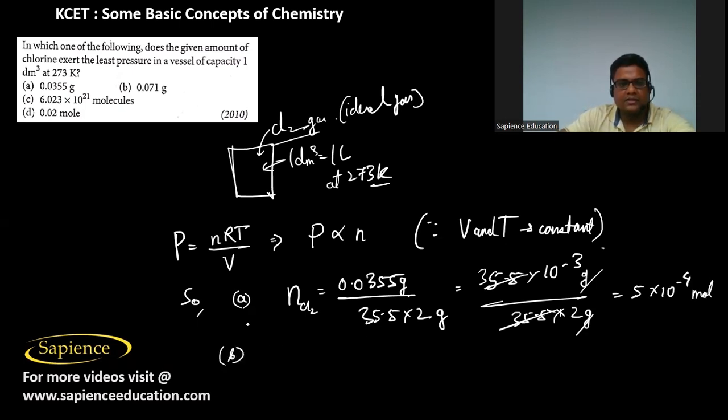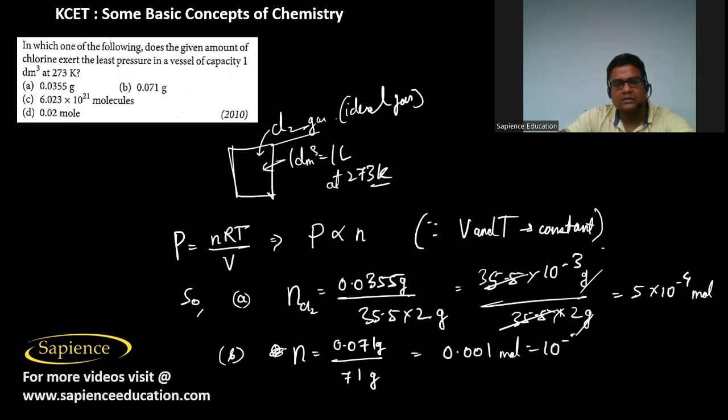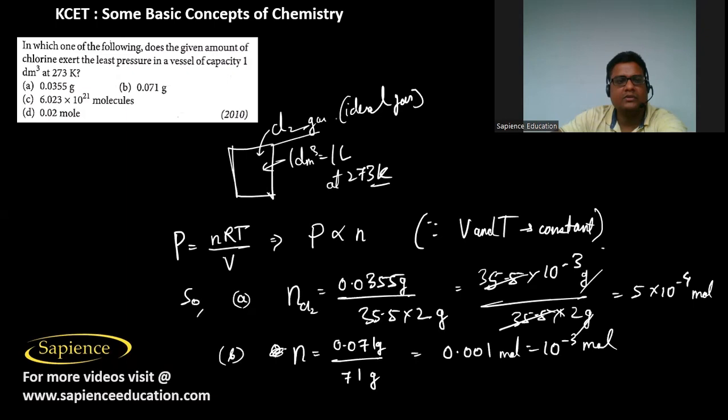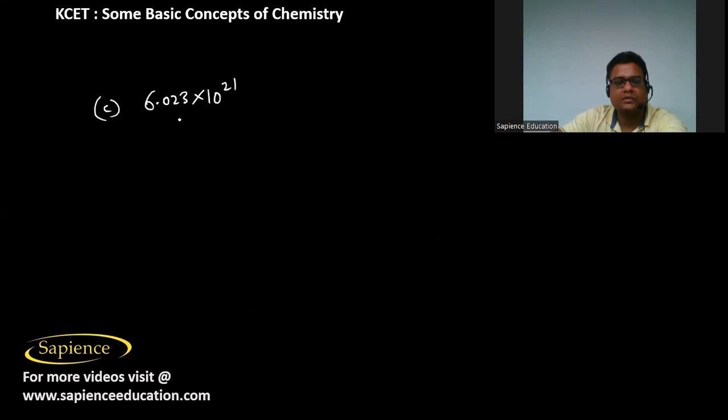And the second one, that is B, the number of moles of chlorine is 0.071 gram divided by 71 gram, so that is 0.001 mole, that is 10 power minus 3 mole. In the C option, it is told 6.023 into 10 power 21 molecules.